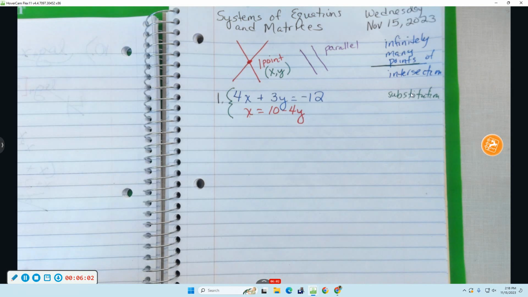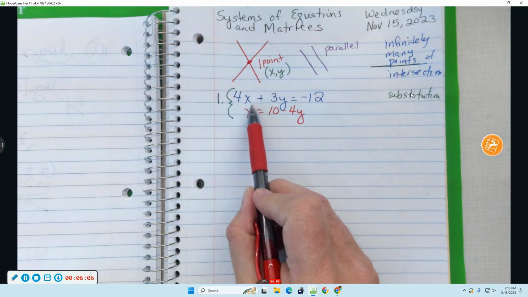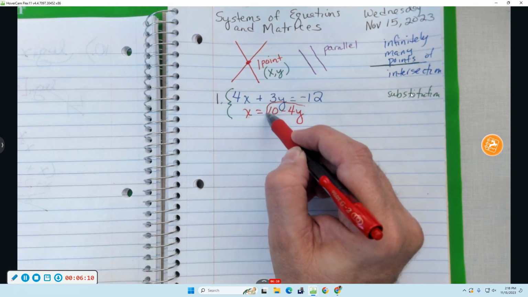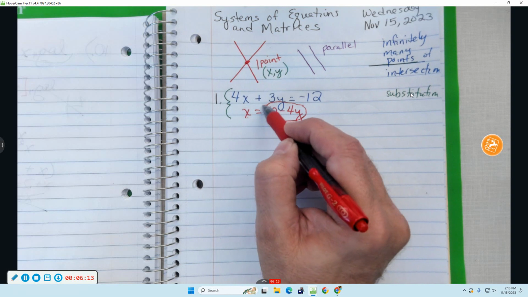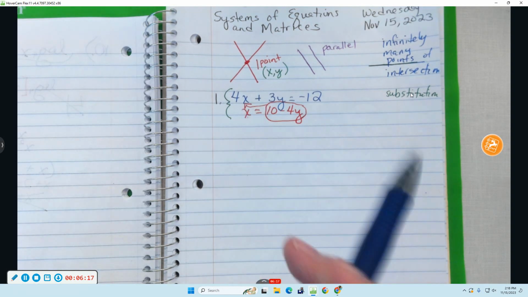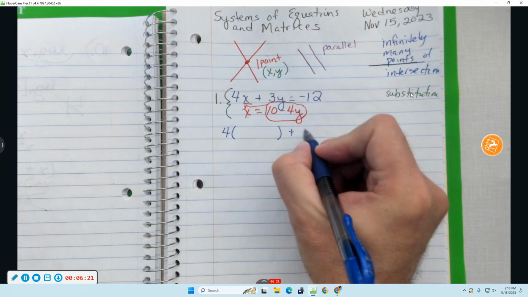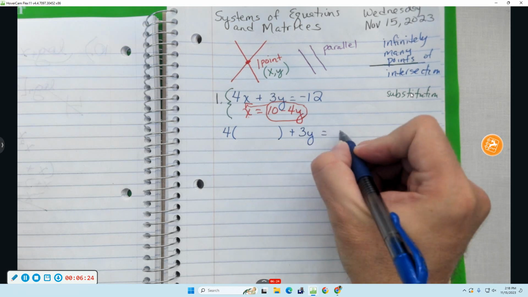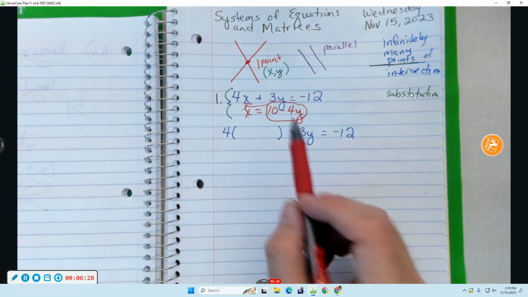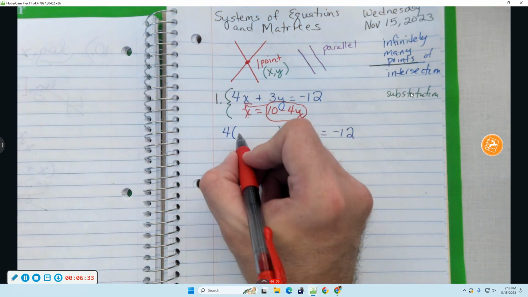With substitution, you take the equation that has the variable isolated and substitute it into the other equation. So right here, in place of this blue x, I'm going to put 10 minus 4y. I'm substituting this equation into the other equation.